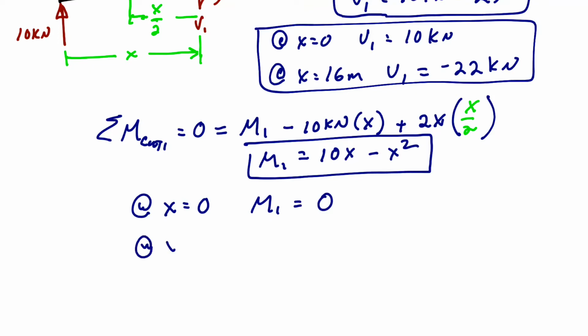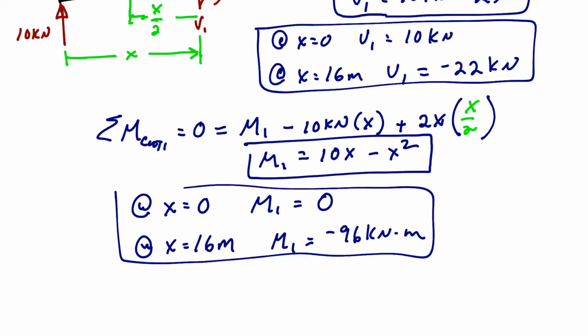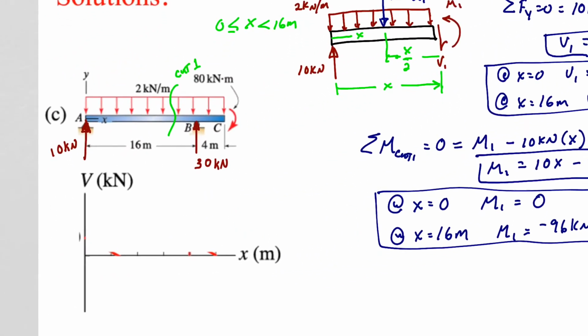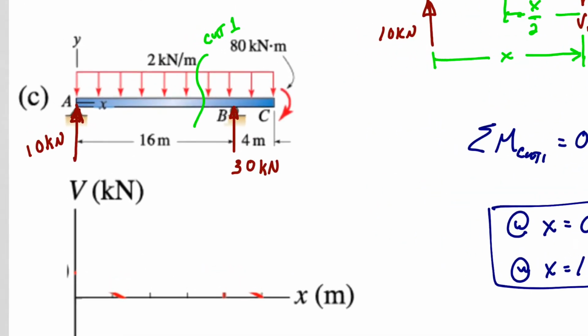At x equal to 16, not feet, meters, sorry, M1 at that location equals a minus 96 kilonewton meters. So those are important values to look at. Okay, so now we've gone through and evaluated up to this point at B.